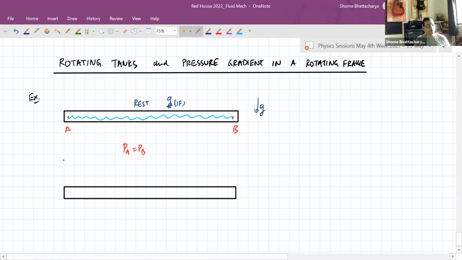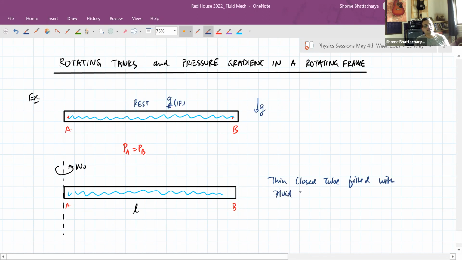So if I take this tube now and I keep it on a rotating disc, or I attach it to an axle or something, because of which it is rotating at a constant angular speed omega naught, okay, about this axis. So this thin closed tube filled with water, with some ideal fluid of density rho, is rotating about the axis shown at uniform omega naught.